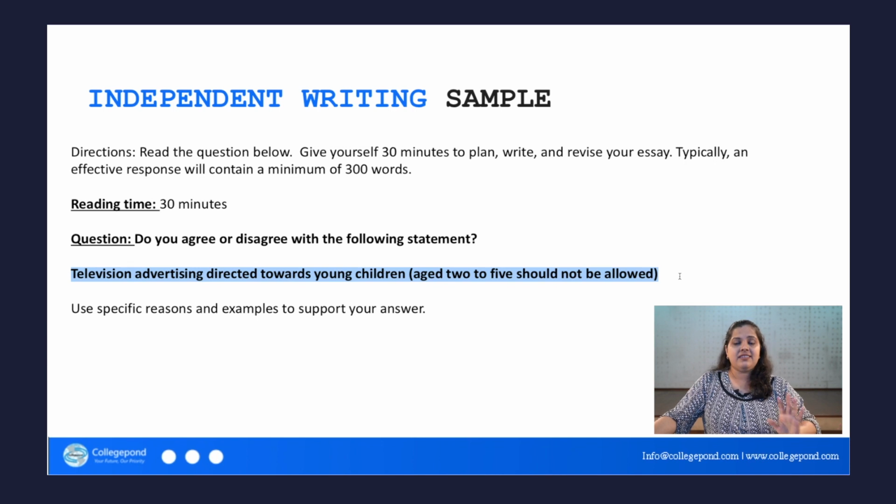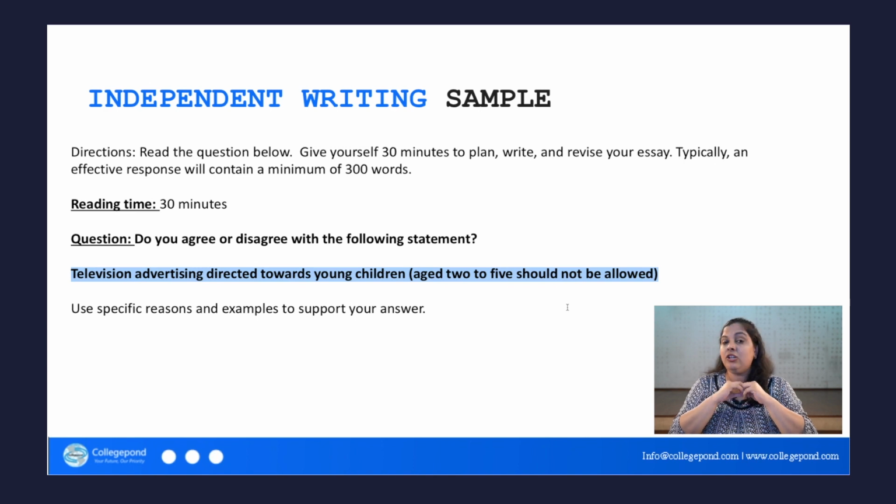Now, when you look at such a kind of a question, what will you do? Will you look at the question and just simply start writing? That would be counterproductive. You will have to think about the topic and you'll have to plan your essay well. That's the key. If you start writing simply by just looking at the topic, you may find yourself faltering right in the middle of the essay.